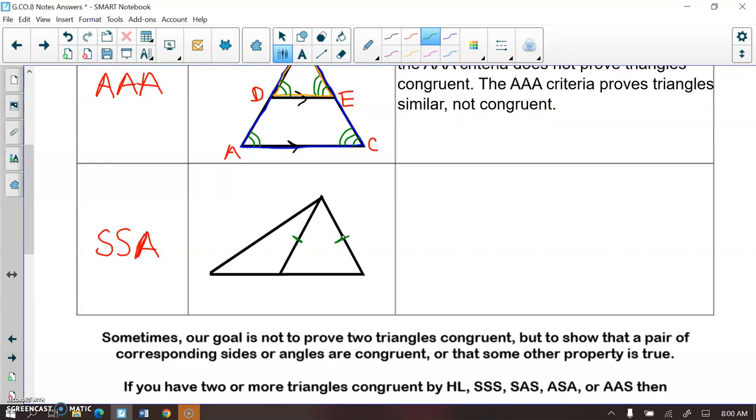Okay, we're going to be looking at two triangles. We're going to be looking at this big blue triangle and this smaller yellow triangle.